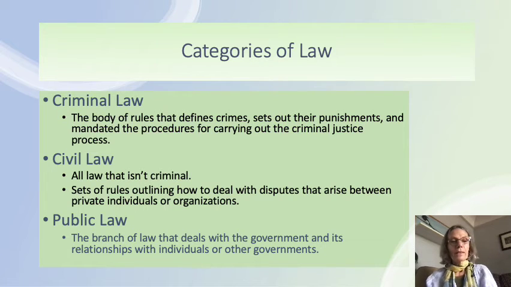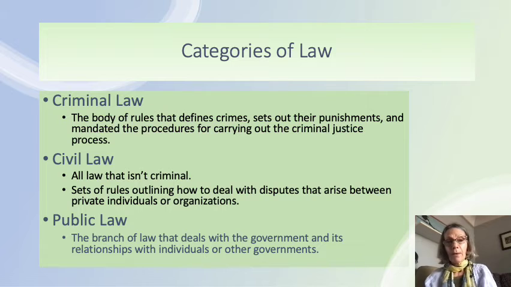And then public law is the branch of law that deals with the government and its relationship with individuals and its relationship with other governments. We're not going to talk a lot about public law. Public law usually is what we talk about, sort of the administrative and regulatory capacity that government has, right? So public law deals with the regulations that government may place on people regarding parking ordinances, zoning, taxation.